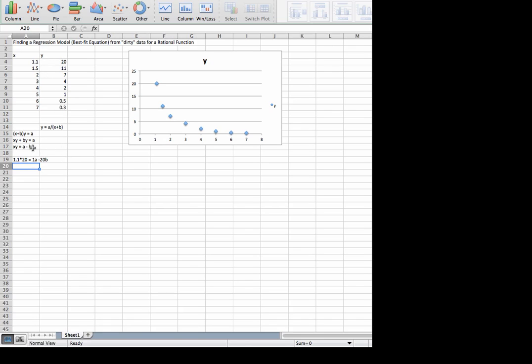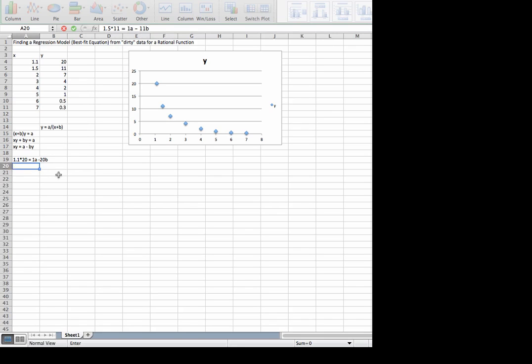So there's our equation that comes from our first data point. Next, we'll take this same linear equation, and we're going to substitute our second data point in. So we'll have 1.5 times 11 equals 1a, subtract 11b. 11 because that's our y value.